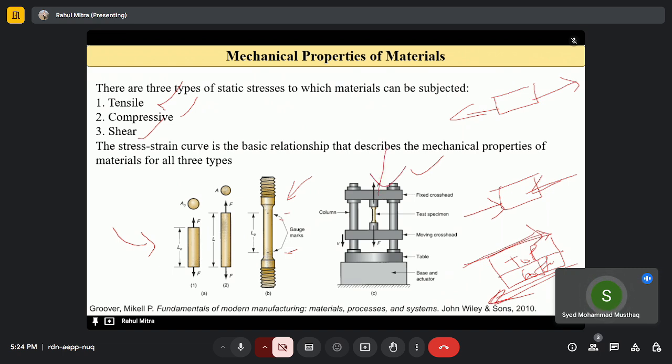I have gauge marks, which I mentioned before, and there are different shapes of samples we can use: the rectangular specimen or the cylindrical specimen. If you're talking about the rectangular specimen, then it has a shape like this.